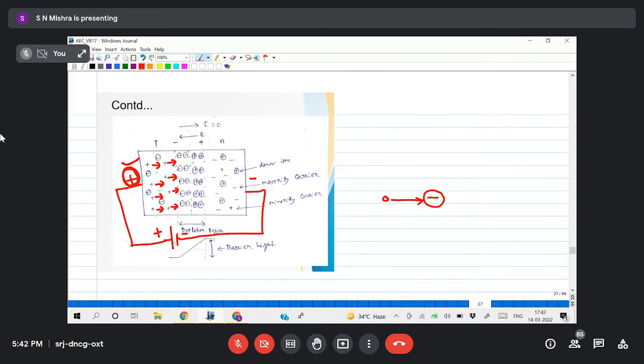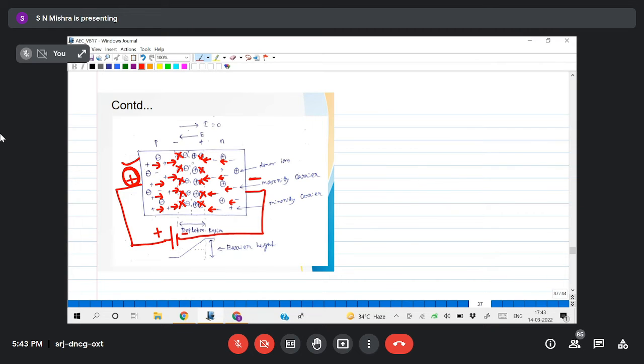That means once they combine, this negative ion atom will become neutral. So if I am giving positive potential and holes try to move to the depletion region area, they will neutralize these ions. Similarly, this negative potential will repel the electrons, so electrons move towards the depletion region, and they will neutralize these positive ions. Yes or no? Yes, sir.